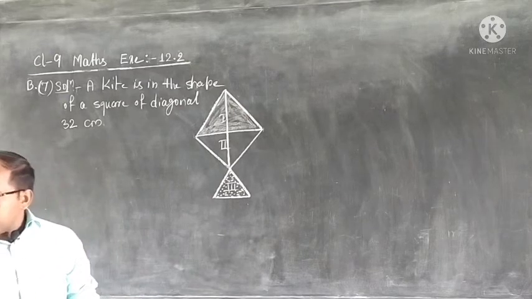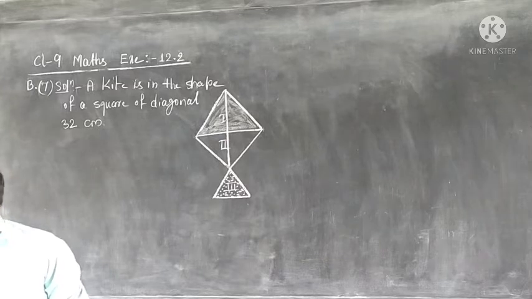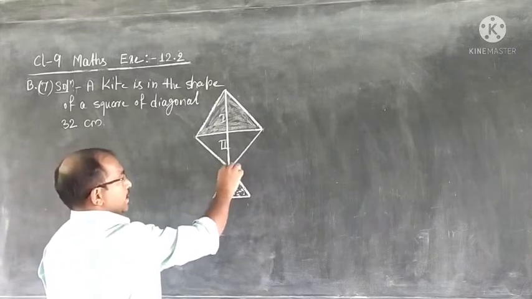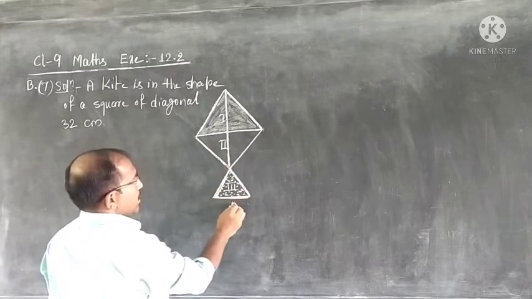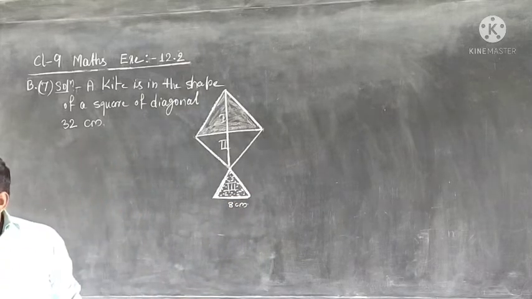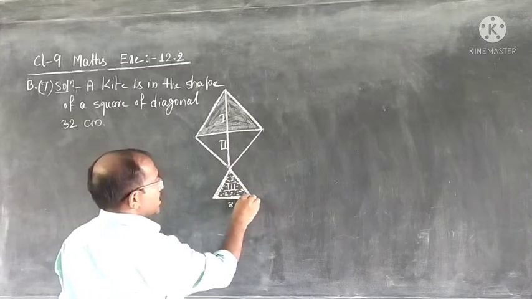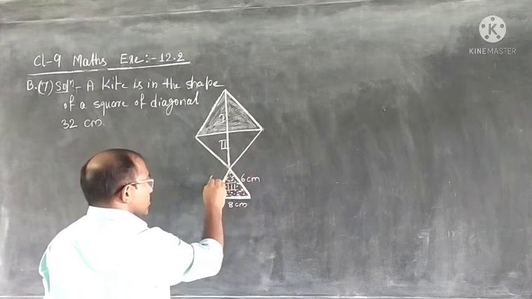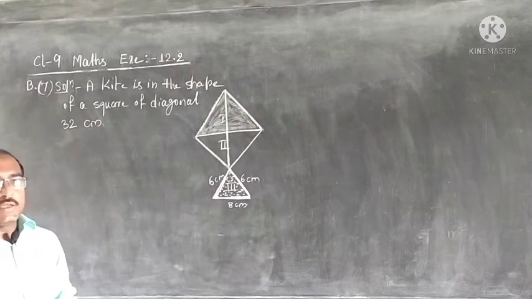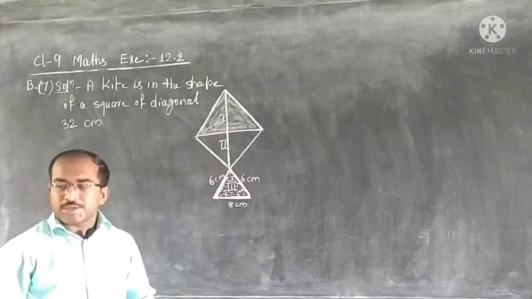Then another part of the question is what? And an isosceles triangle of base 8 centimeter. We see this isosceles triangle, the base is 8 centimeter, and each side is how much? The side is 6 centimeter each. So, this is an isosceles triangle, this side is mentioned 8, and the other equal sides are 6, 6. Very clearly we will use Hero's formula and find the area, but not only for this part, for all 3, triangle 1, triangle 2, triangle 3, we have to calculate how much paper will be used.